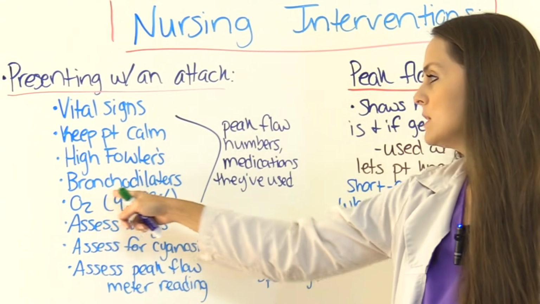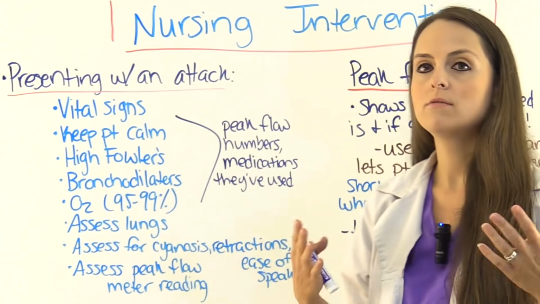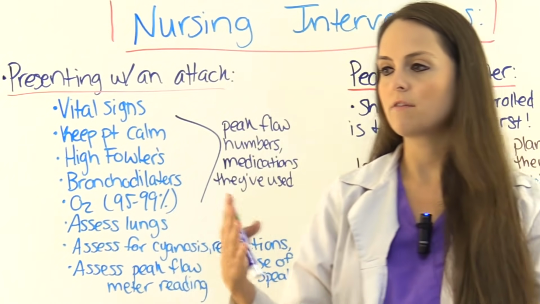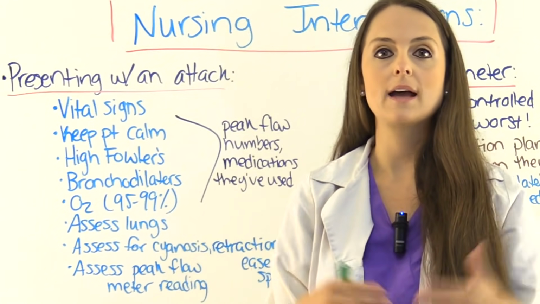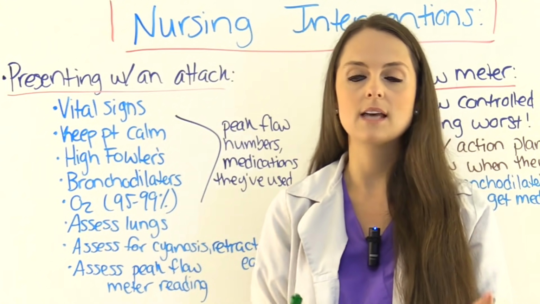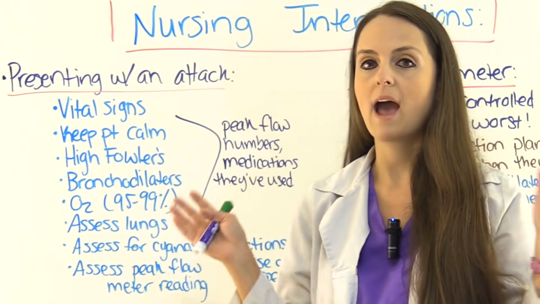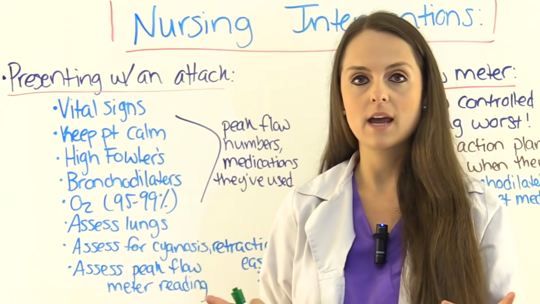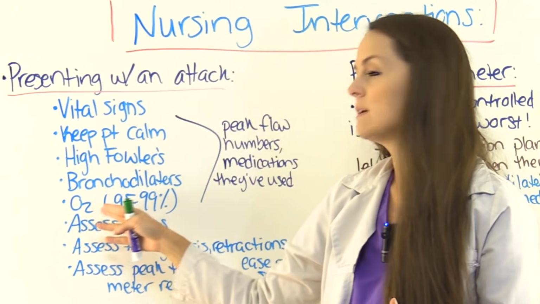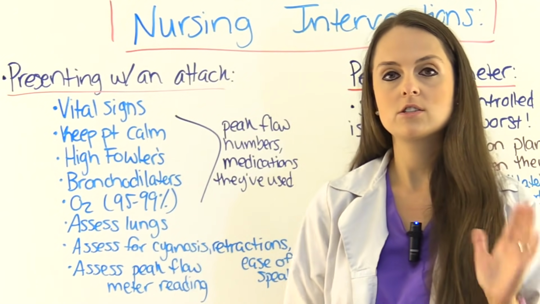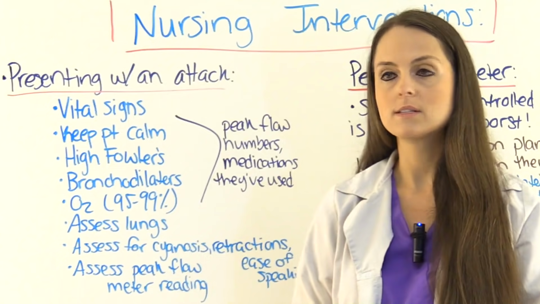Per the MD order, you'll want to give them bronchodilators. And what type are we going to give? Are we going to give short-acting, long-acting? We want to do short-acting, and we're going to go over those here in a second in depth, because we want something that's going to act fast and dilate those airways so this patient can breathe. Want to give them oxygen, keep the oxygen saturation between 95 and 99%.